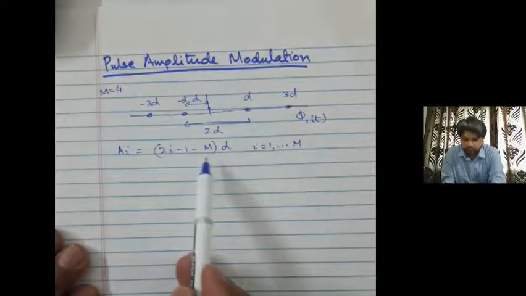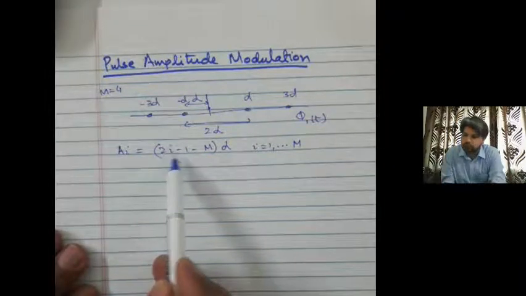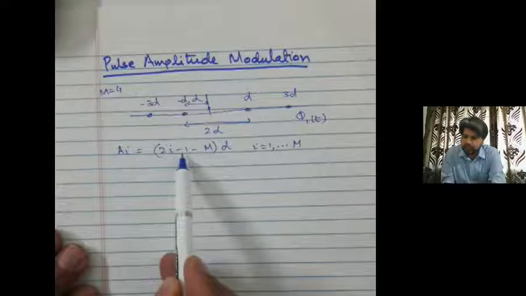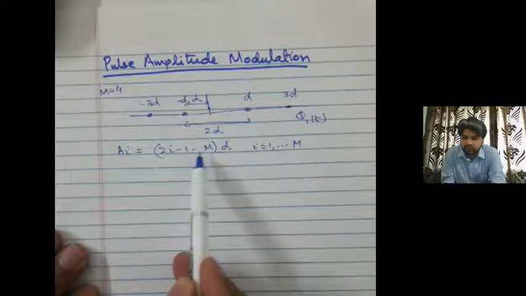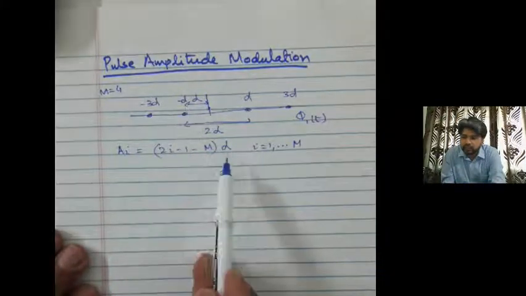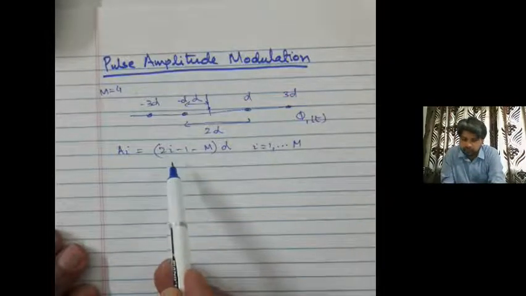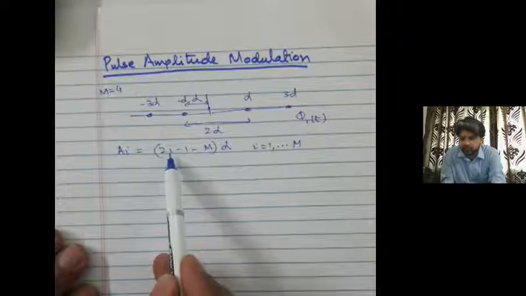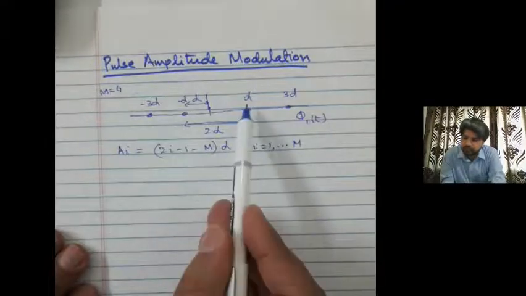For I equals to 2, this would be 3, and this would be 3 minus M. In this case, it would be minus d. And similarly, for I equals to 3, you would have 6 minus 1, that would be 5, and 5 minus M times d would be equal to plus d here.